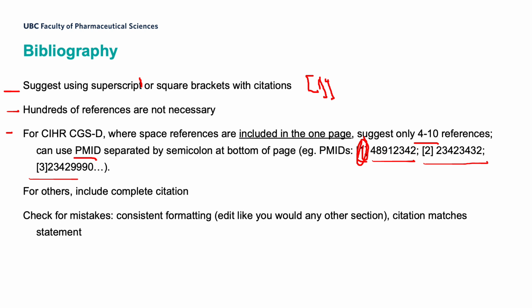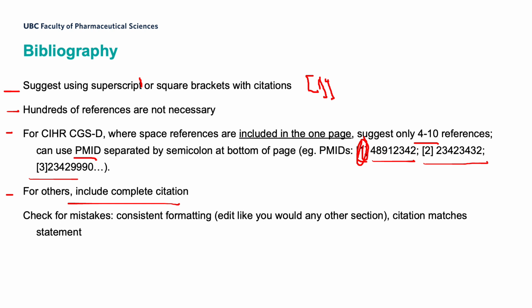Having the PMIDs is a totally fine way to do that when you have such limited space. If you don't have limited space, of course you include the complete citation: the title, journal, volume, issue, page numbers, and so on. But again, if you have limited space, you can get a little creative in how you show the references.